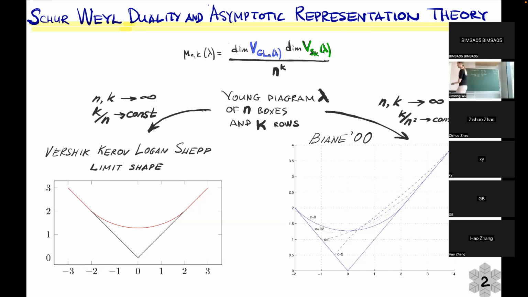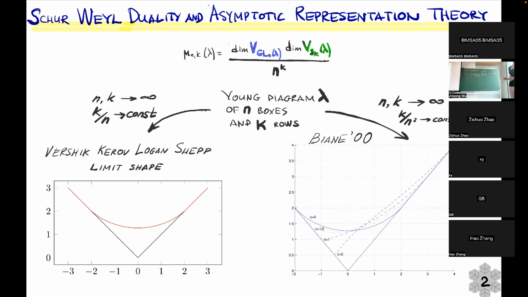Now we have the famous curved shape of the Young diagrams. And also there were some studies in the year 2000 by Young, where he had the deformation of the shape in the regime where k over n squared goes to a constant. But that was studied long ago.